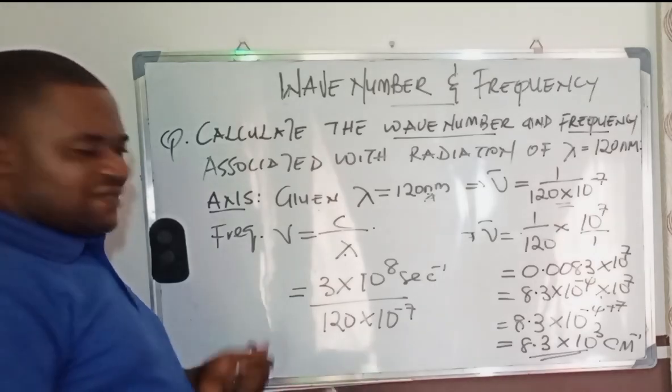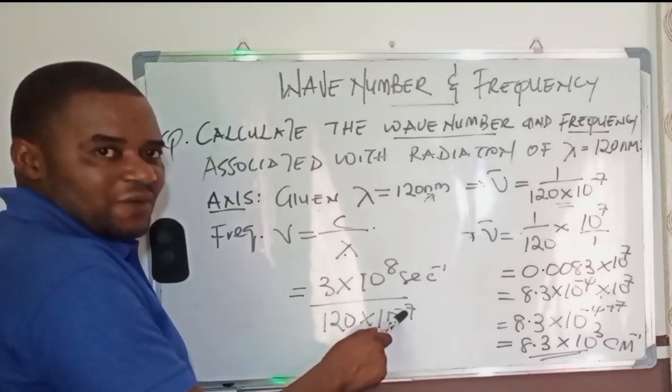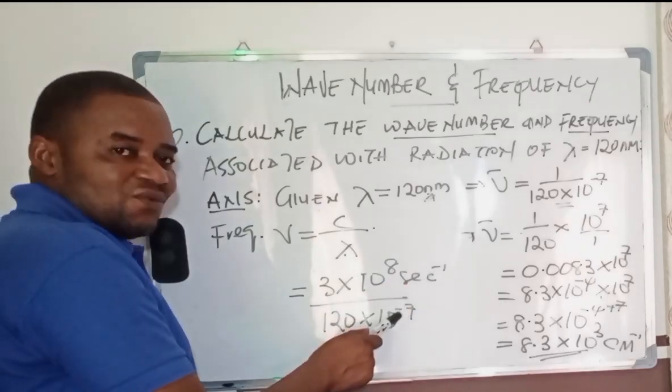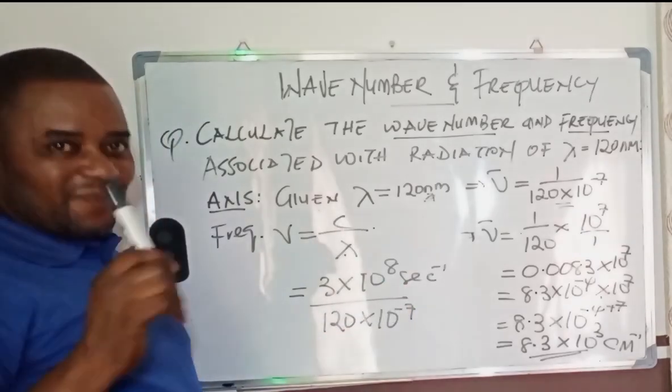How do we go about this? Just remove this 10 raised to power 7 and take it up. If you bring it up, this sign, which is minus, will change to a plus.